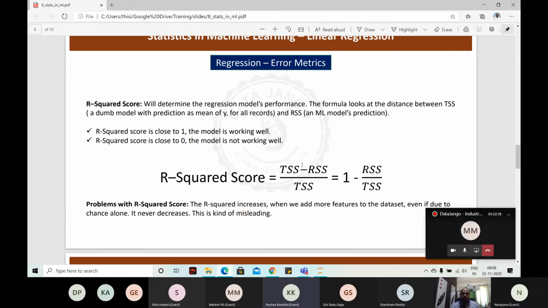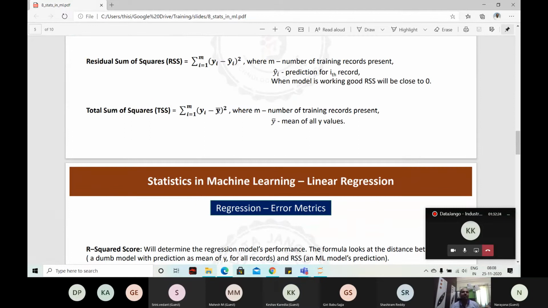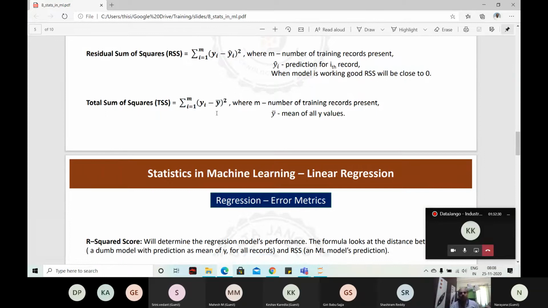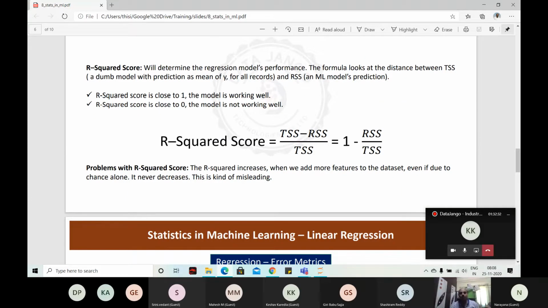When TSS is 0, TSS can be 0 when all y values are the same, but that is not a model actually. No need of building a model there. But sometimes your model works so badly that RSS is bigger than TSS. Sometimes it happens when you build models that you get a negative R square score.